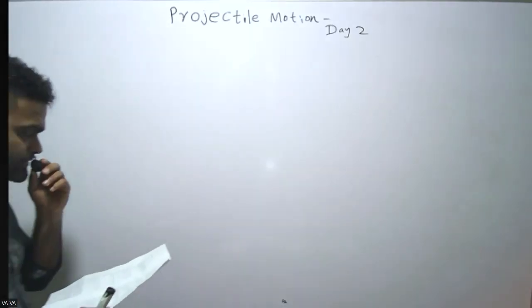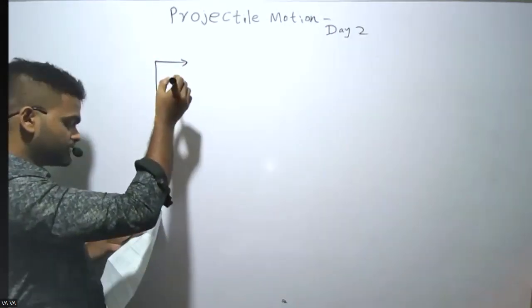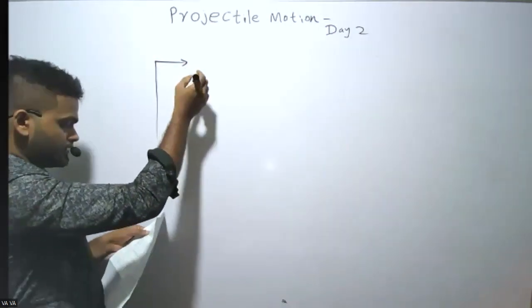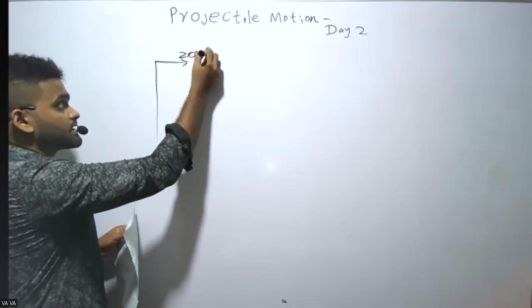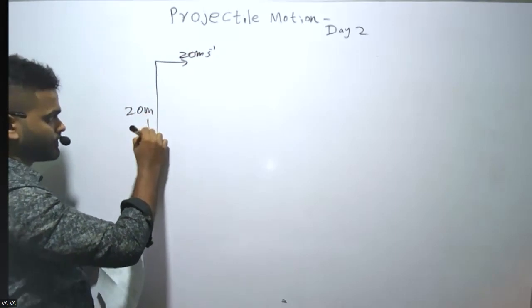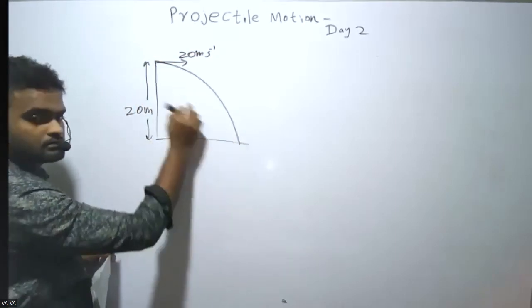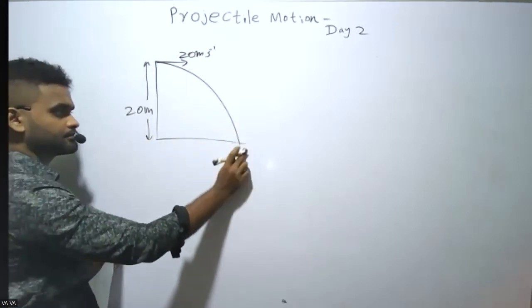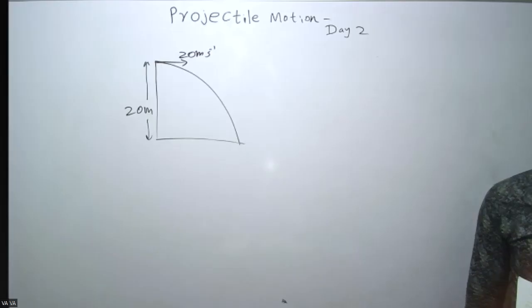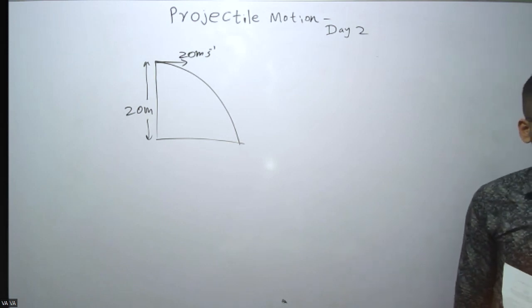You can draw a sketch. Initial velocity is horizontal, right? 20 meters per second. Height 20 meters. So it would have a motion like this. Once you solve the question, you can send the answer in the chat box.